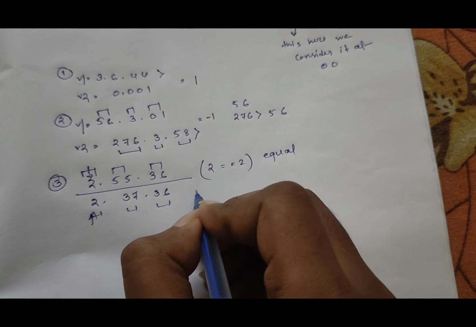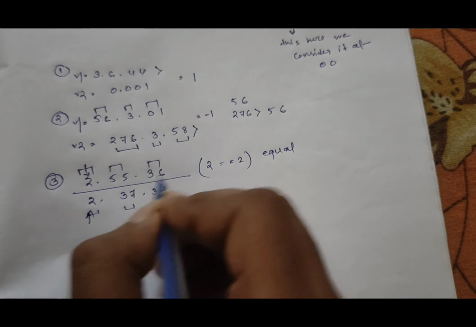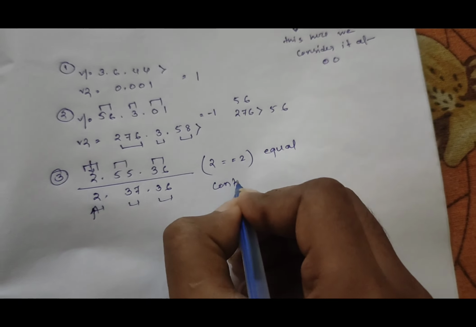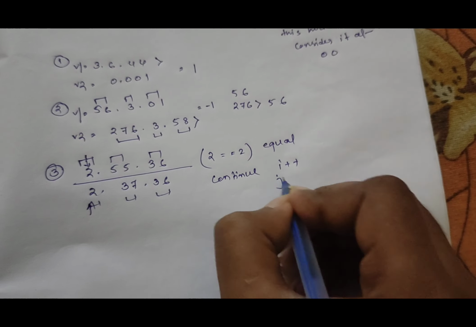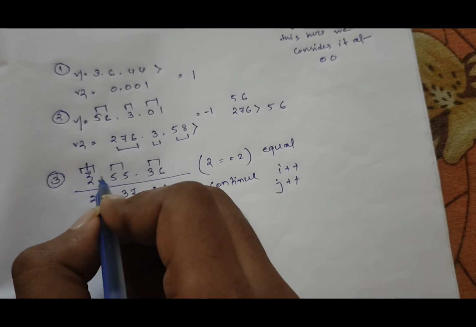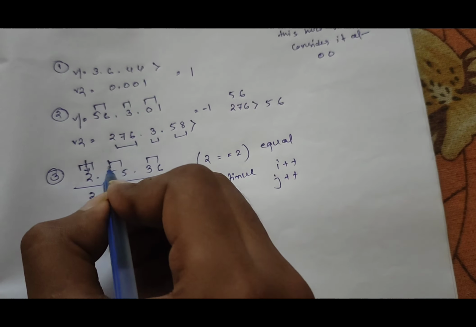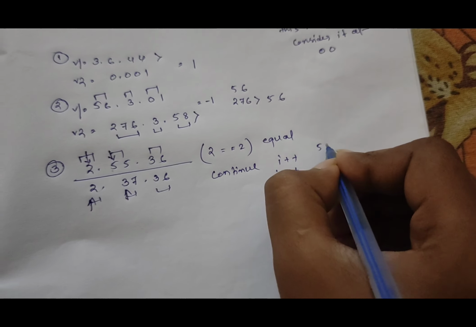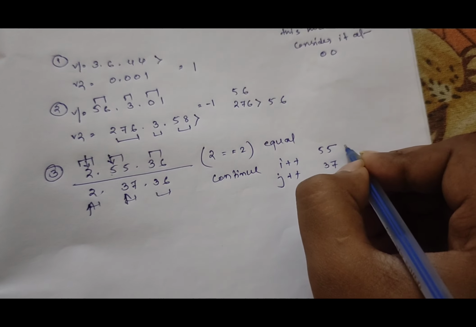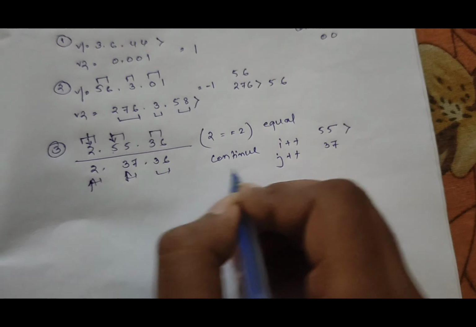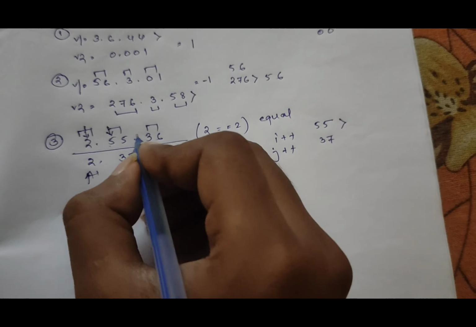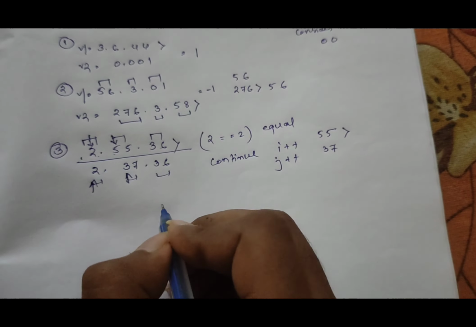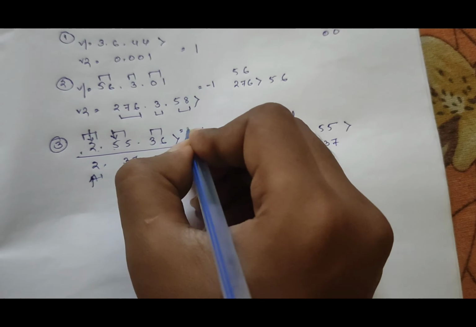If it is equal, then you continue with i plus plus and j plus plus, so we go after the dot. So we come to 55 and 37. 55 is greater than 37, so the greater version number is 2.55.36. So you return 1.